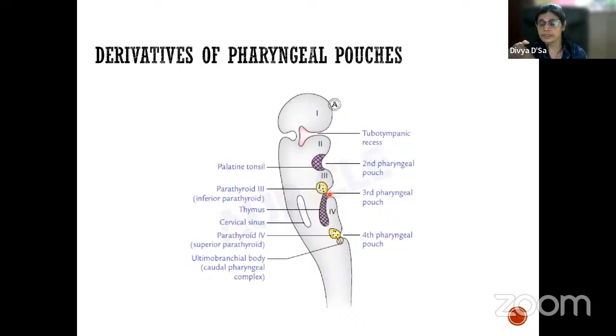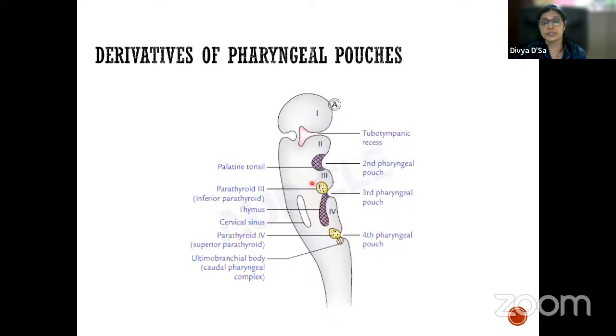So it passes downwards to its normal position. When it is migrating towards its normal position, it will pull along with it the parathyroid 3 also. It will say, you also developed along with me, come along with me. So it will also go down. When it goes down, the thyroid gland will be there. So thymus will reach its normal position, and the parathyroid will get incorporated within the lateral lobe of the thyroid gland.